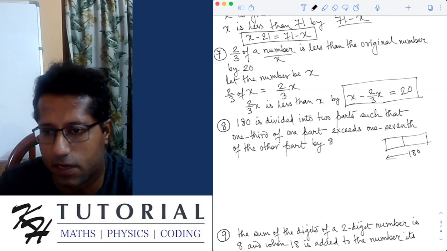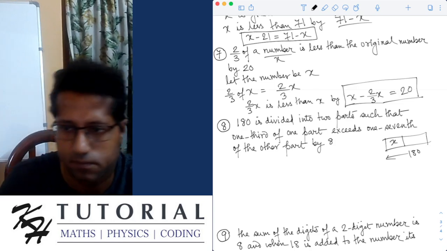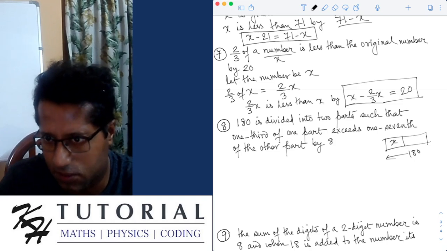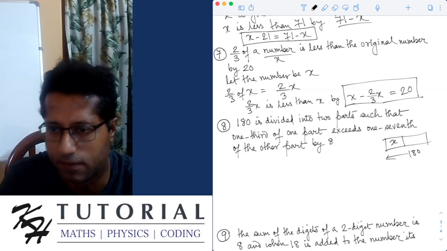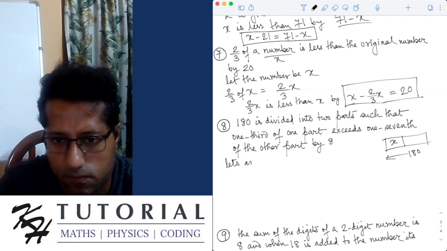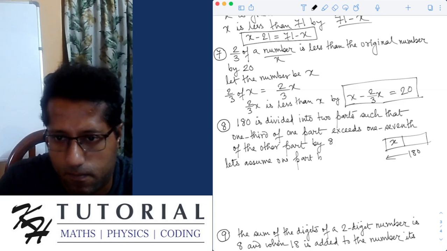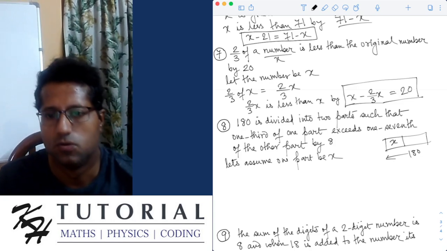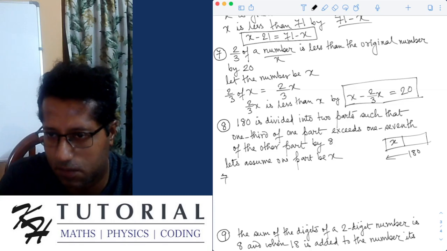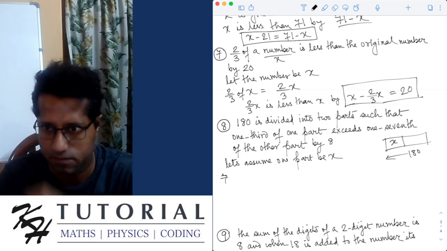So we can assume that one part is x. We know that the sum of these two parts will be 180. So let's assume one part be x. The other part, whatever it is, plus x is 180.